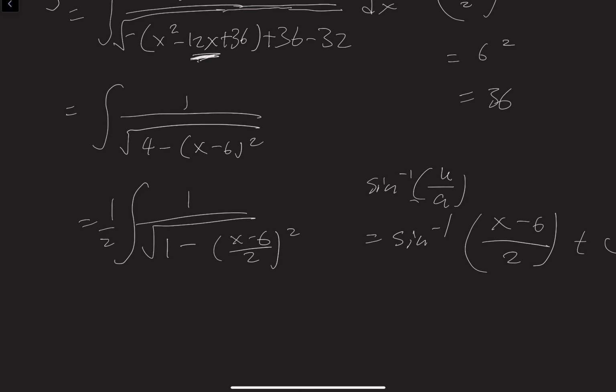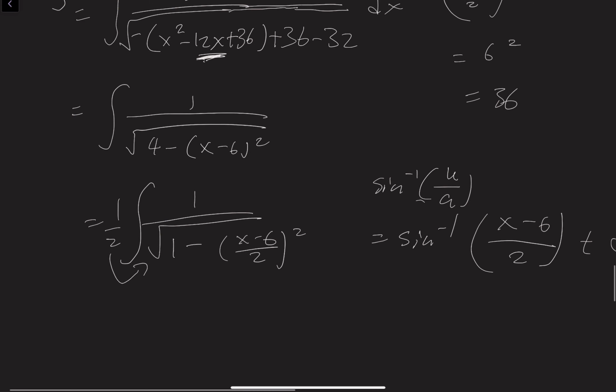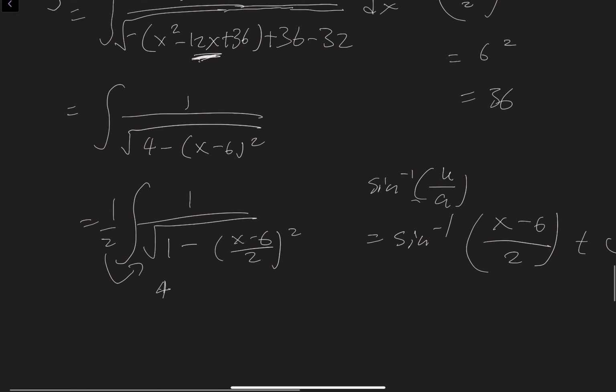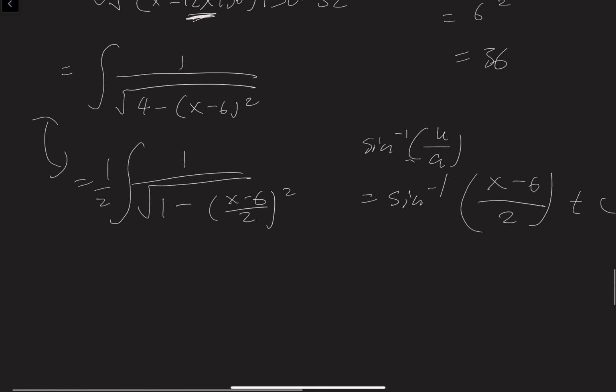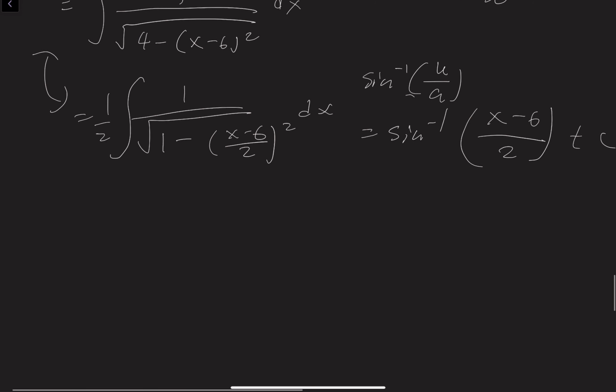Because when we distribute this inside of the square root, that becomes 4 times this value. And dividing by 2 squared is just 1 over 4. So these two are equivalent. Don't forget the dx.